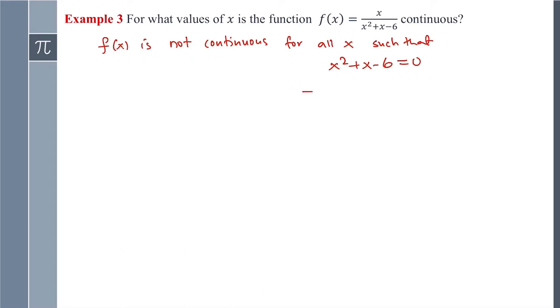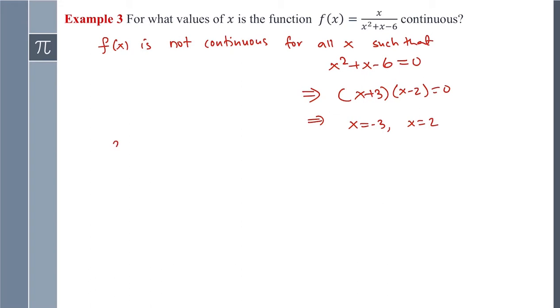So let's go ahead and solve this equation. So we can factor this as x plus 3 times x minus 2 equals 0. And that gives us x equals negative 3 and x equals 2. So the function is not continuous at x equals negative 3 and x equals 2.